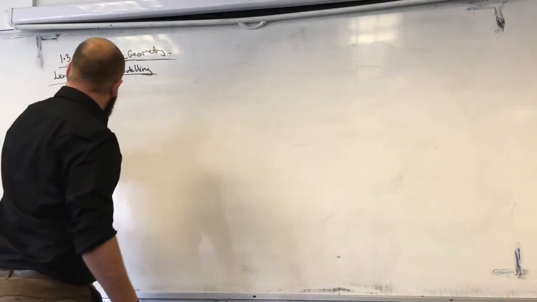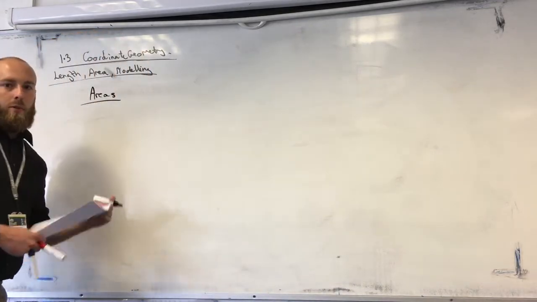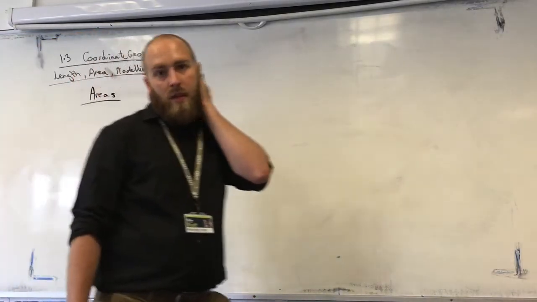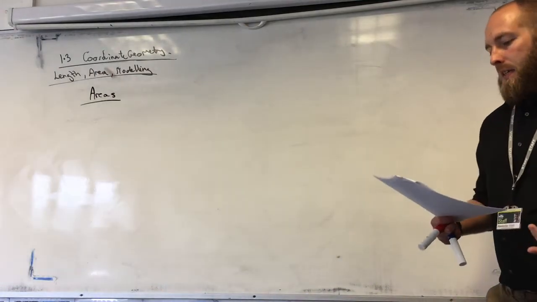Right, next up, areas. Basically you can be asked to find the areas of shapes that you make on graphs by joining lines or line segments together.